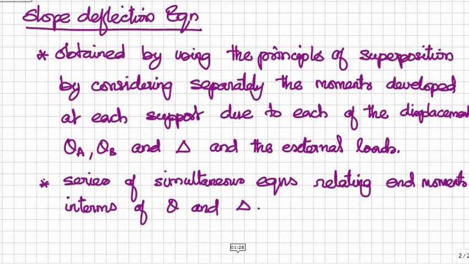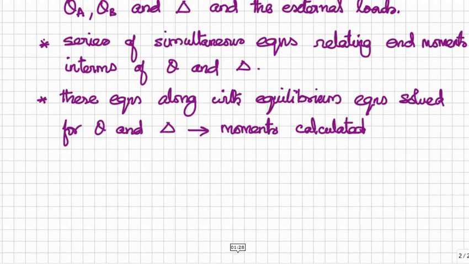So we get a series of simultaneous equations relating end moments in terms of theta and delta. These equations, along with equilibrium equations, are solved for theta and delta. Once we know theta and delta, we can easily calculate moments.